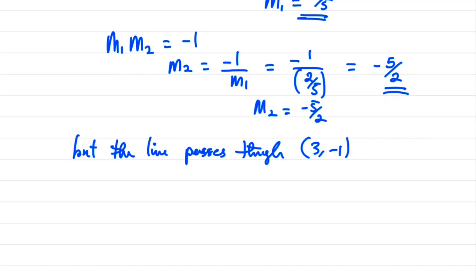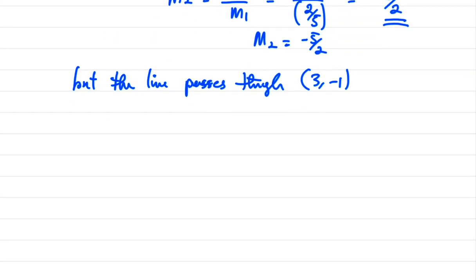Our minds will be tilted towards finding the equation of a line given a gradient and a point, for which we are going to use this formula: y minus y1 equals m, in this case m2, into x minus x1. So we are good to go.